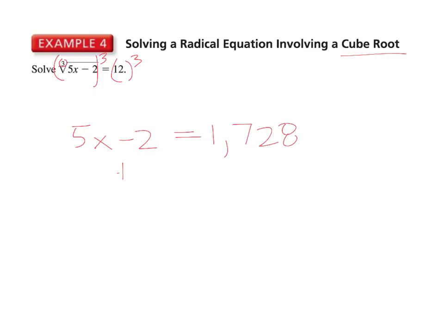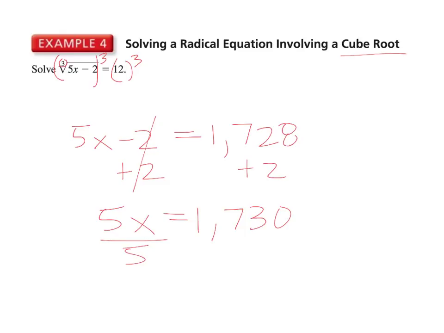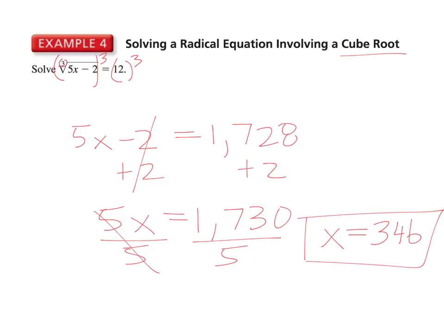Then I'll add 2. I get 5x is equal to 1,730. Then I divide by 5, and x is equal to 346. That's all there is to that. On to the next problem.